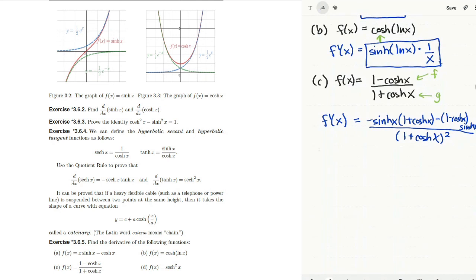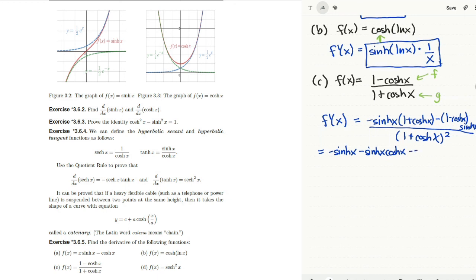So now let's simplify the numerator. So distributing the negative sinh over 1 plus cosh gives us negative sinh x minus sinh x cosh x. And now let's distribute the negative sinh through 1 minus cosh.